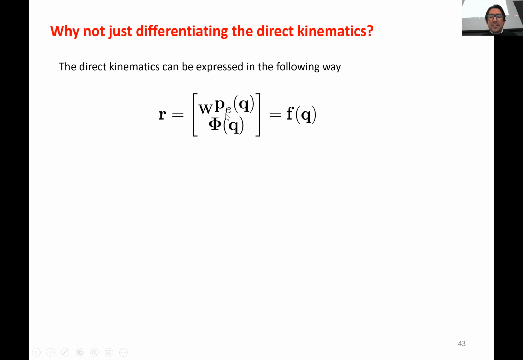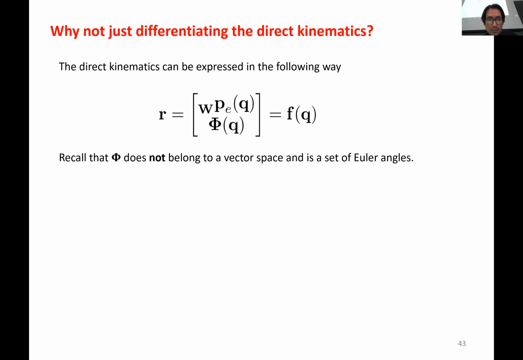I'm expressing the direct kinematics as a vector, one part representing position and the other, phi, which is also a vector, but remember that it is not part of a vector space. It's just an array of angles, a set of Euler angles in our specific case.